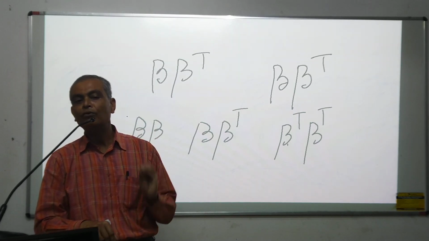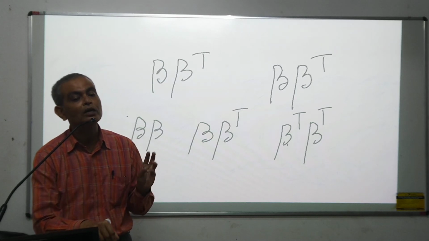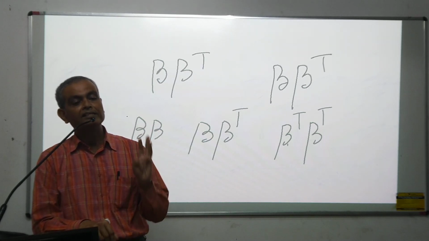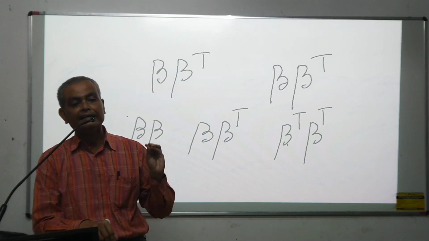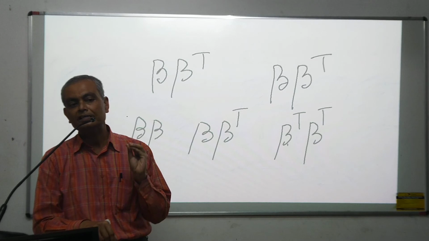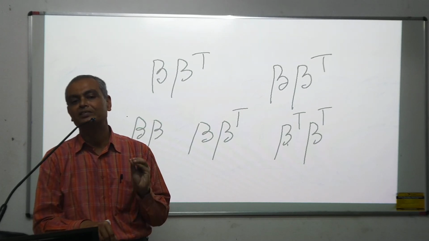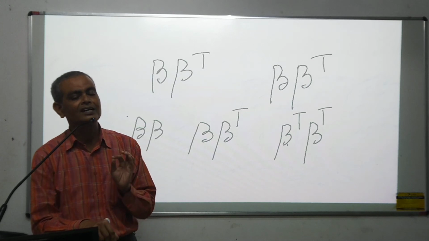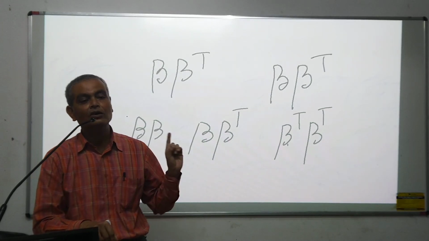So 1/4 of the pregnancies out of a two-carrier marriage can produce thalassemic children, and that is the only way in the world which can cause a thalassemic child. There can also be spontaneous mutations, but their chance is very rare. So that is the only cause.